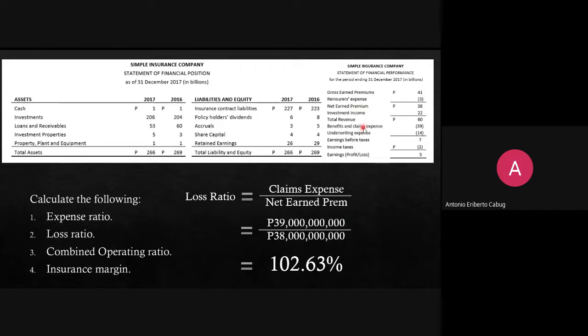Now, unlike the underwriting expenses, where you can predict, let's budget the underwriting expense only at this amount. Yung benefits and claims, you cannot budget that as precisely as the underwriting expense.